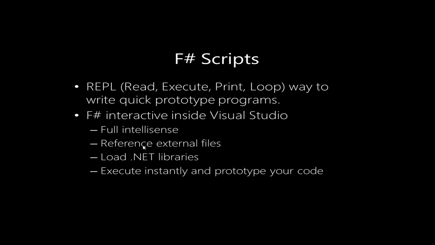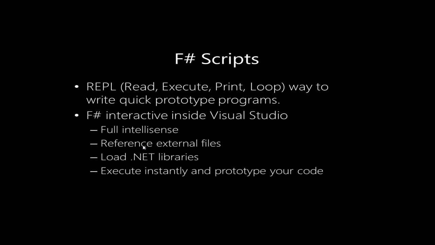The last thing about using FSharp is the scripting feature that FSharp has. It provides you a REPL way to quickly prototype your programs. You can quickly test your code. You can write your functional programming code. You can write small code snippets that you want to test out, do testing, and then copy paste these executed code into your real programs.